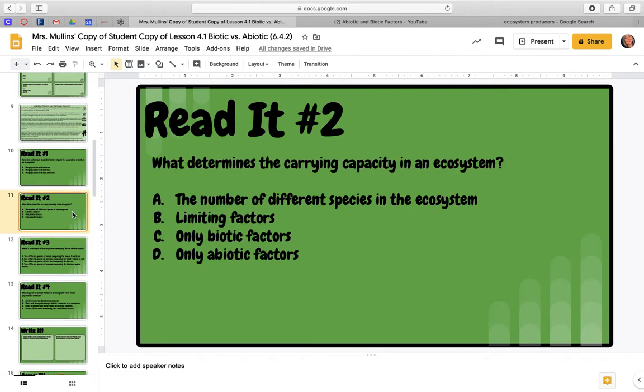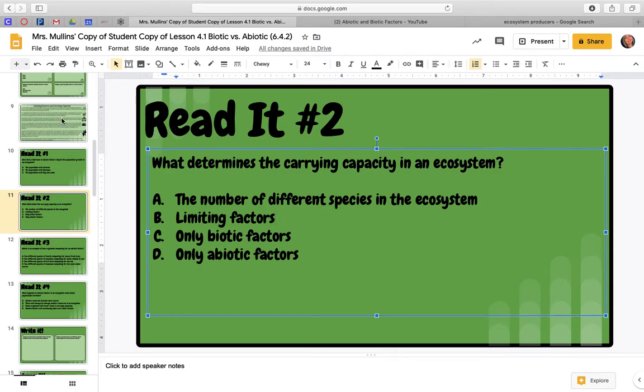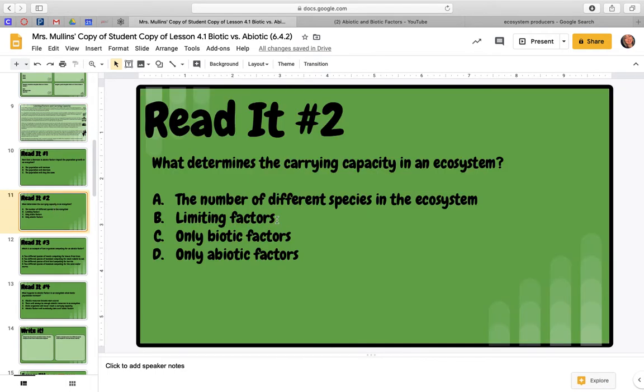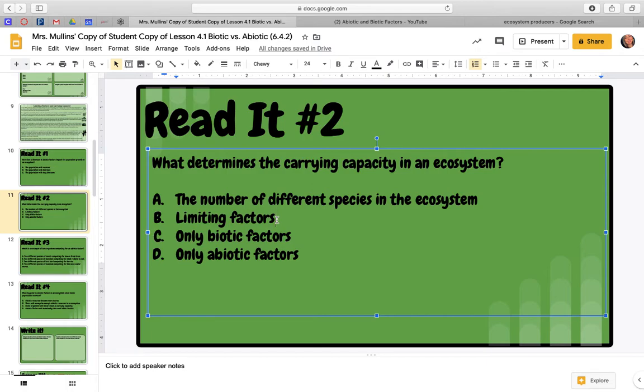So what determines the carrying capacity in an ecosystem? Back here again, limiting factors determine the carrying capacity of a population. So it's those limiting factors. So basically what that's saying is if the carrying capacity is the maximum amount of population that can take place, that's because depending on how much food, water, shelter there is, will also determine the carrying capacity.